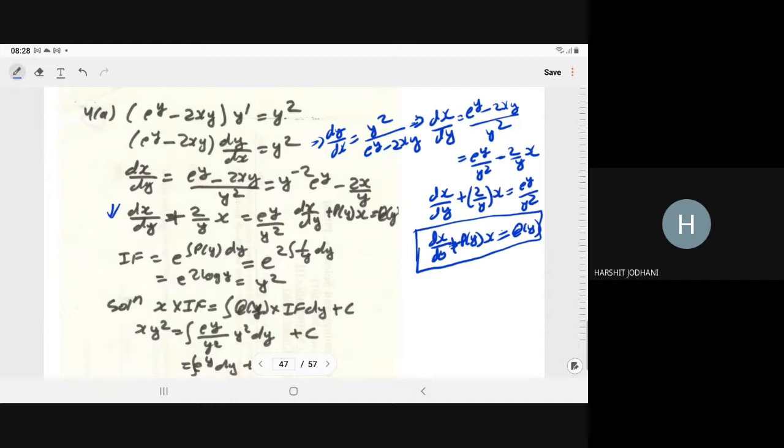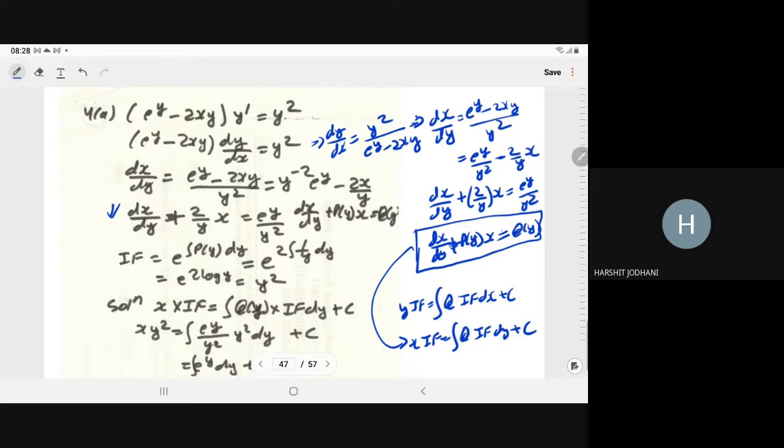Then we write the solution. In general, we write the solution as y times integrating factor is equal to integral Q times integrating factor dx plus c. Now for this equation, it will become x times integrating factor is equal to integral Q times integrating factor dy plus c.